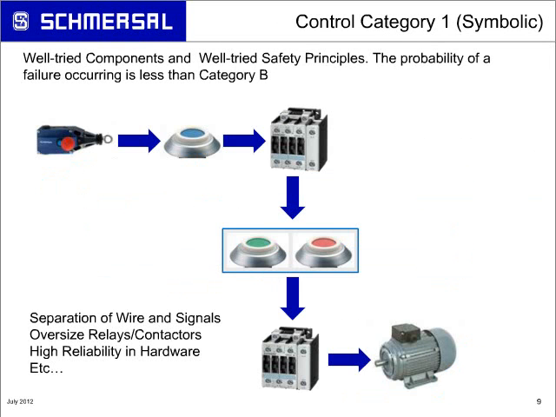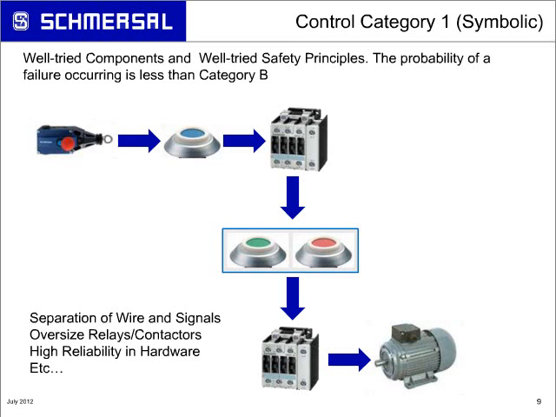If you remember from just a couple slides ago, this doesn't look any different than control category B. And one of the first questions that comes up, well, why do we have two different categories? What's the difference between control category B and control category 1 if they're basically the same thing? They're a single channel, unmonitored system.